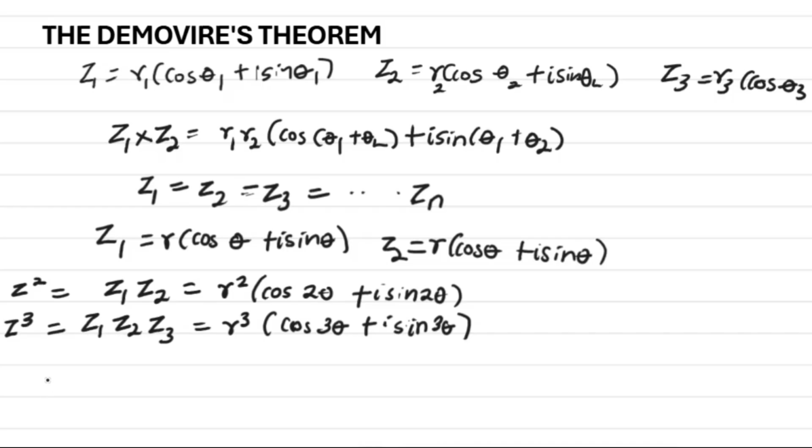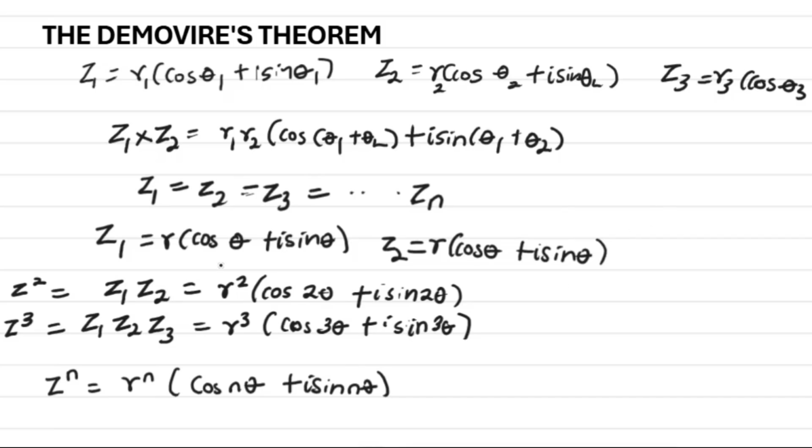So we can express a general form for z raised to power n, which gives r raised to power n into cos n theta plus i sine n theta.